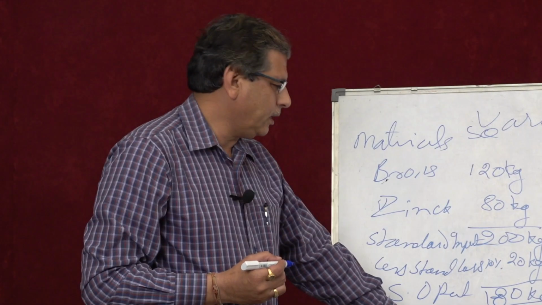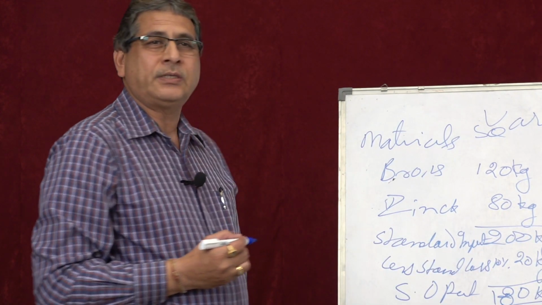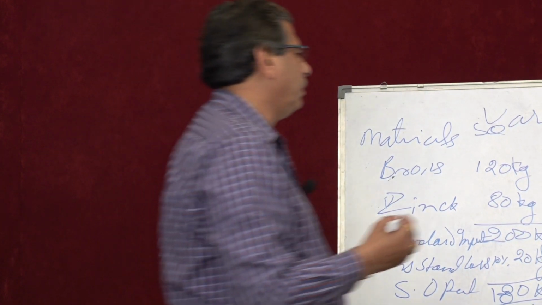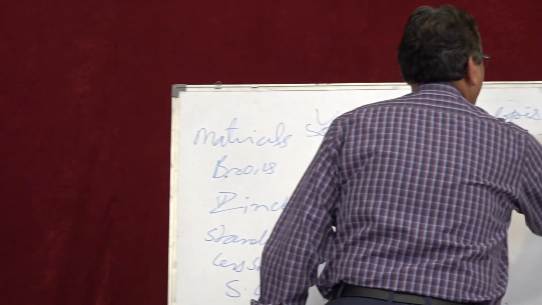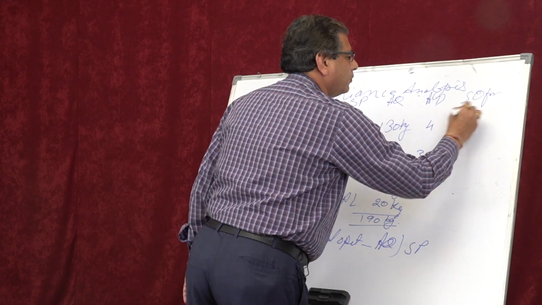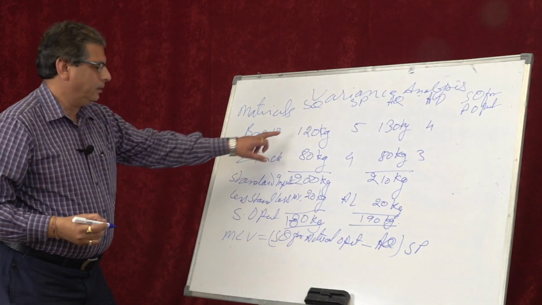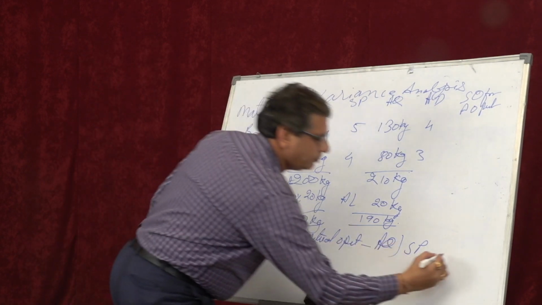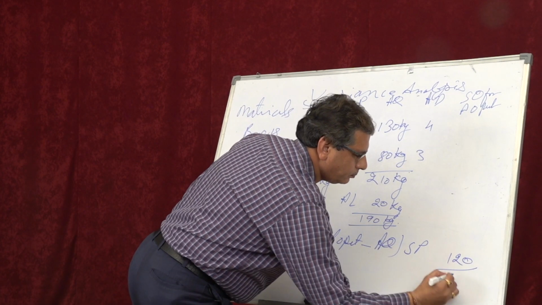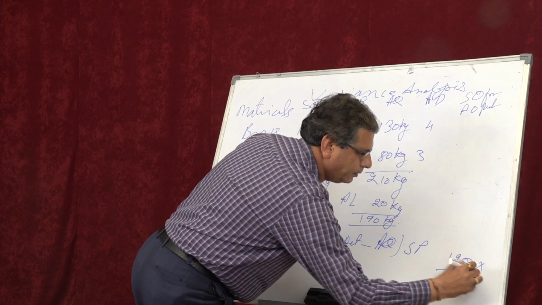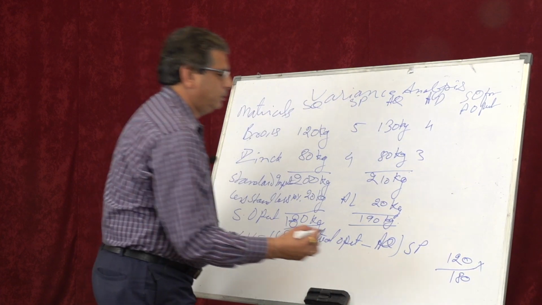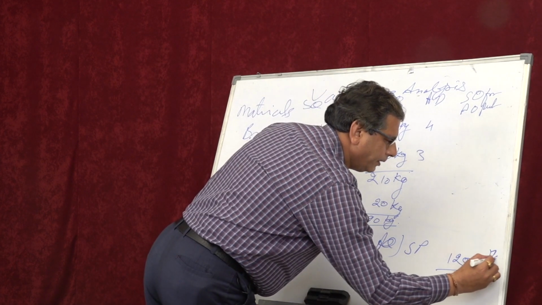Standard quantity for actual output is not given, so we are to calculate it. Standard quantity for actual output will be 120 upon 180, times 190 kg.